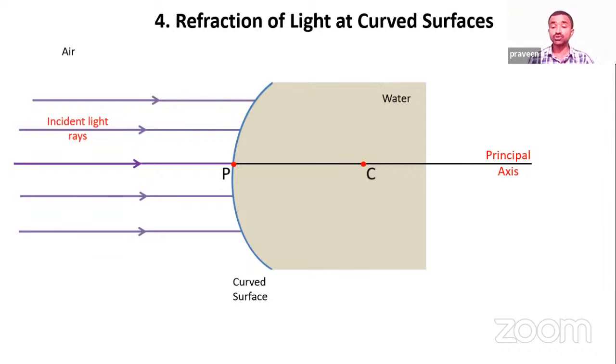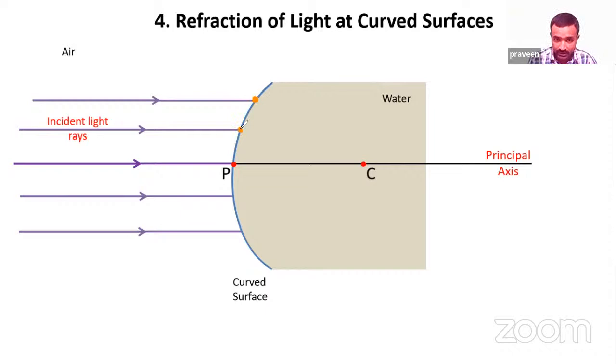Then we need to know the behavior of these light rays after changing their medium. To understand this, we need the normal, as we learned in the 9th class. So what is the normal? The line which is connecting the center of curvature and the point of incidence. So what is the point of incidence here? This is the point of incidence here.